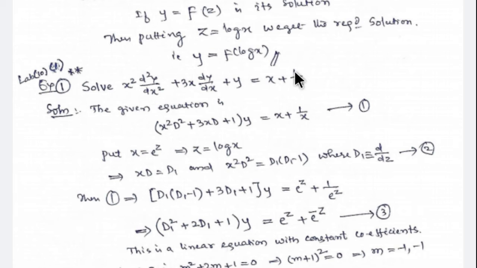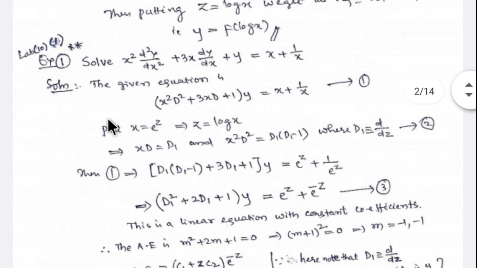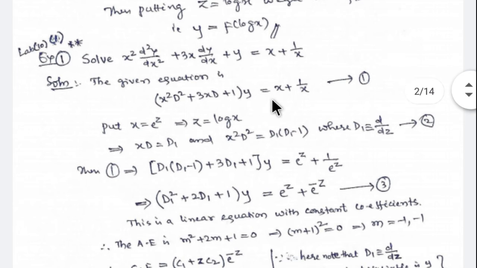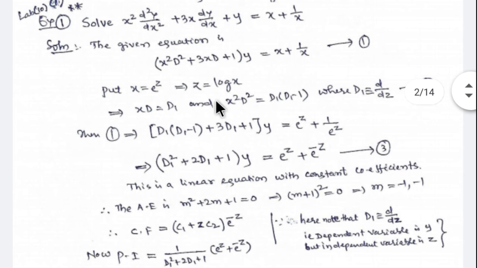Here RHS is x plus 1 by x. So for the solution, start by writing the given equation in symbolic form: x square D square plus 3xD plus 1 into y is equal to x plus 1 by x. This is called equation 1. According to the above method of solution, put x equal to e raised to z, then z equal to log x.